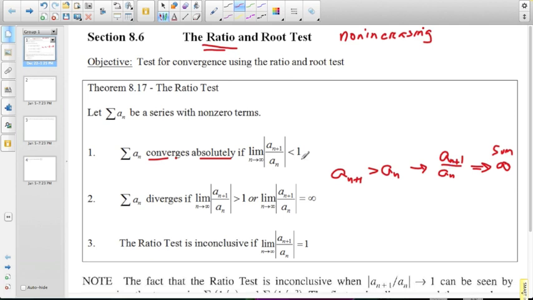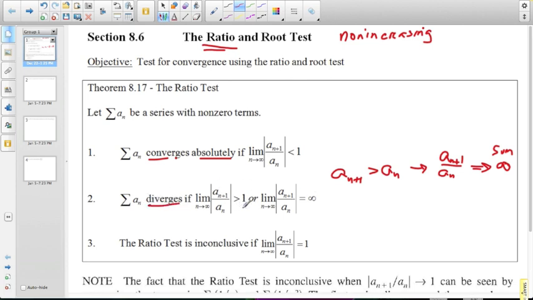So anything greater than 1, then we're going to have an infinite sum. So this ratio could be 2, this ratio could be 7 halves, or this ratio could be infinite in value itself.